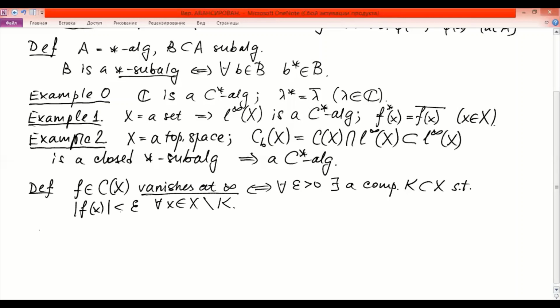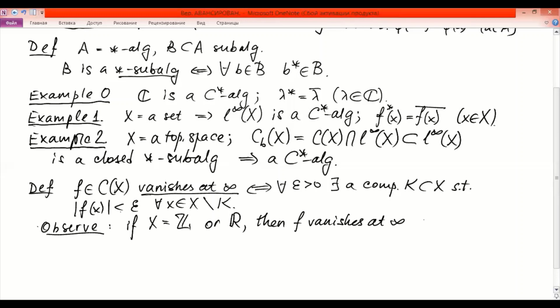For example, let's observe that if X is, for example, the set of integers with the discrete topology, or the real line, then a continuous function f on X vanishes at infinity in the sense of the above definition if and only if the limit of f of x at infinity is 0.